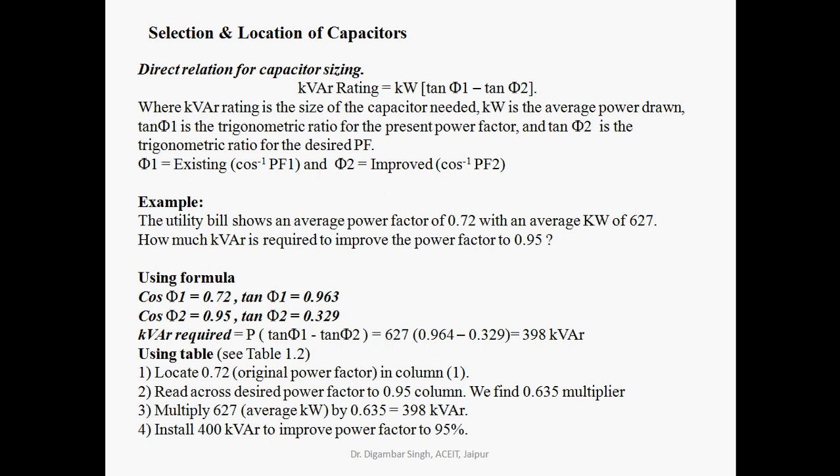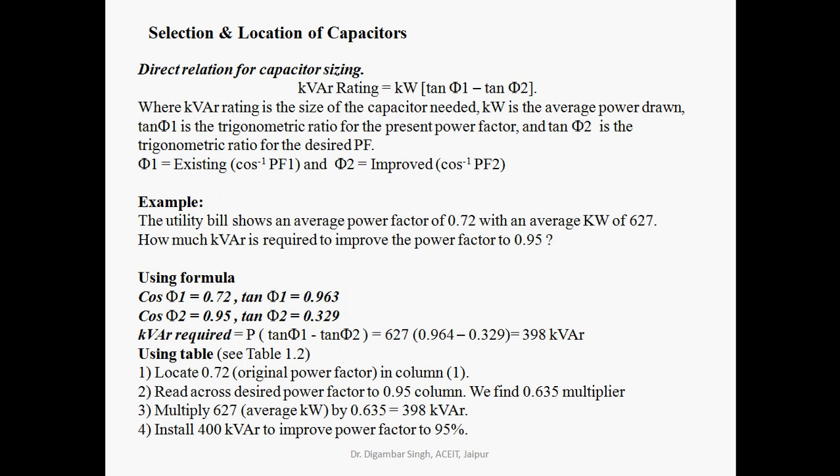Here kVAR rating is the size of the capacitor needed, kilowatt is the average power drawn, tan phi 1 is the trigonometric ratio for the present power factor, and tan phi 2 is the trigonometric ratio for the desired power factor. Phi 1 is equal to cos inverse PF1, the existing power factor, and phi 2 is cos inverse PF2, the improved power factor.